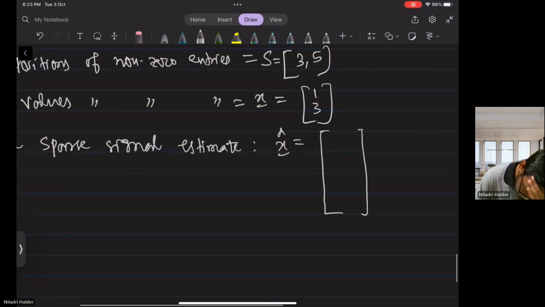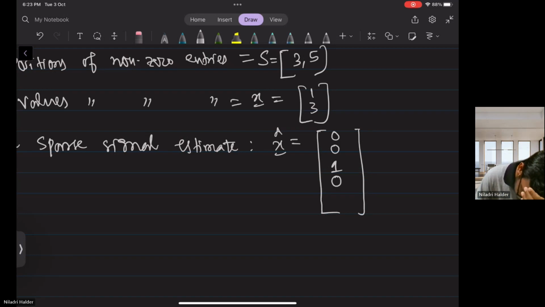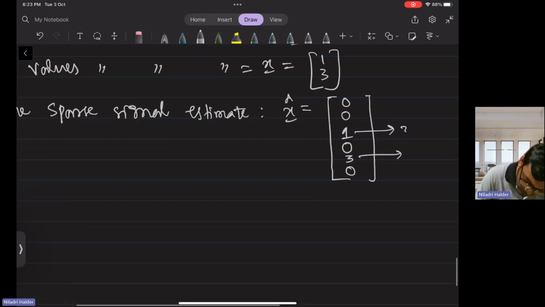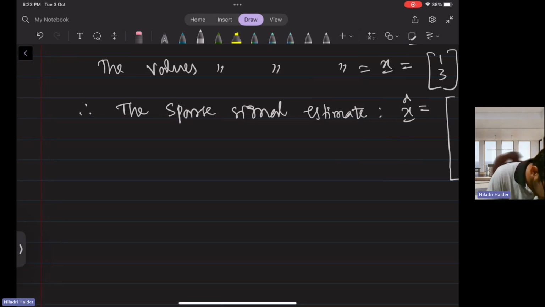So 0, 0, 1, first, second, third position is 1, and then fourth 0, and fifth position its value is 3, then 0. Okay, so these are the non-zero, third and fifth positions. So this is the problem of sparse signal recovery.